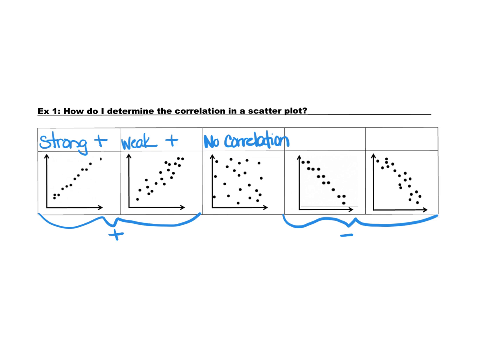And then our two on the right here, notice that one is stronger than the other. So let's say that this is a strong negative. And then the one furthest on the right here, this is going to be a weak negative relationship.